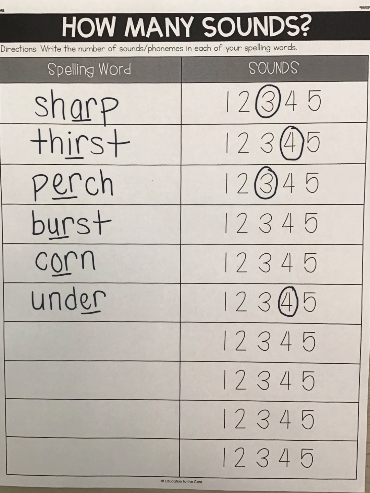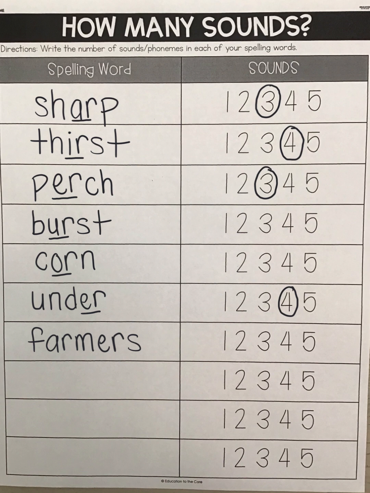The first sound I hear, then I hear R. I know that AR says R. Then I hear S. Farmers. Now you'll notice, boys and girls, there are 2 R-controlled vowels in the word farmers.